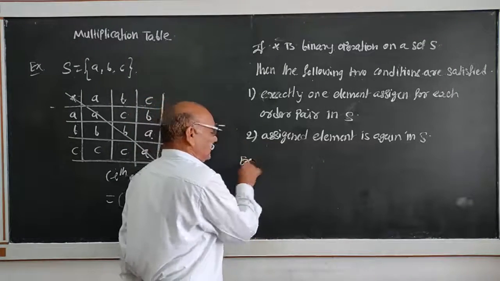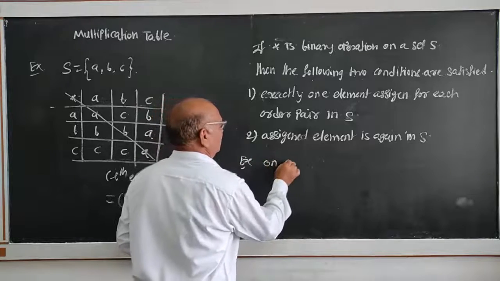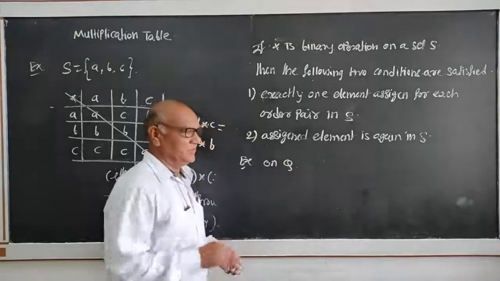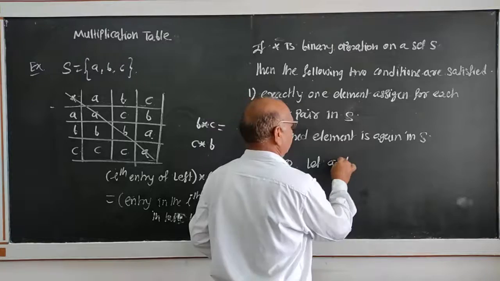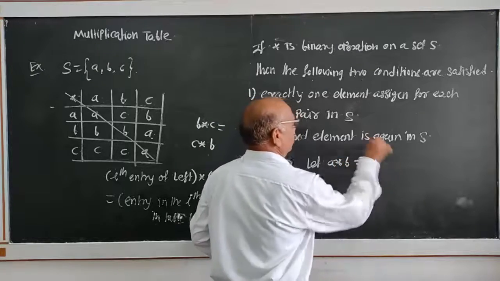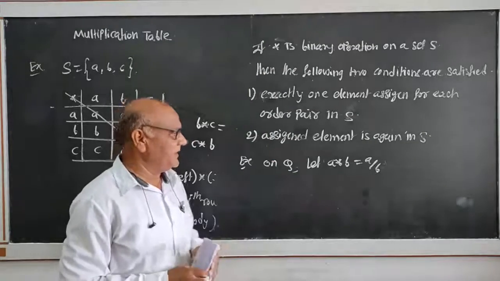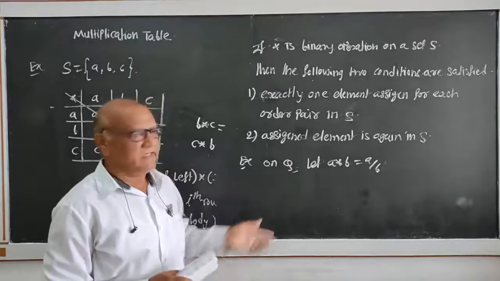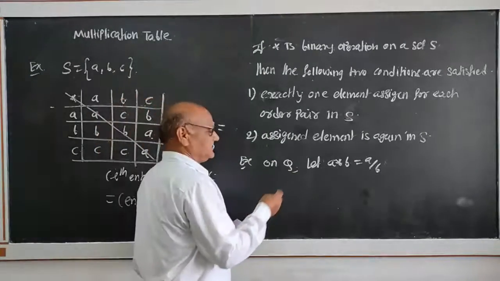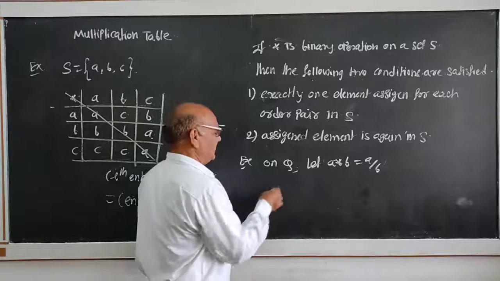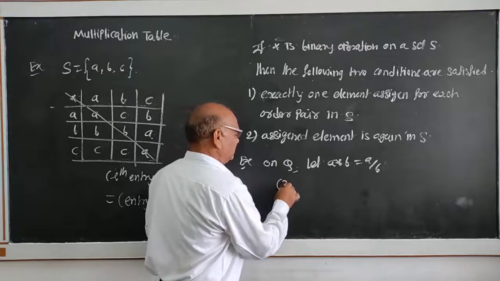For example, here on the set Q, A star B is equal to A by B. Here some ordered pair does not assign an element. For example, 3, 0.